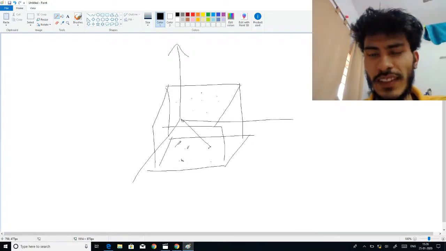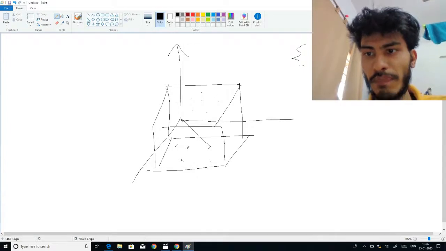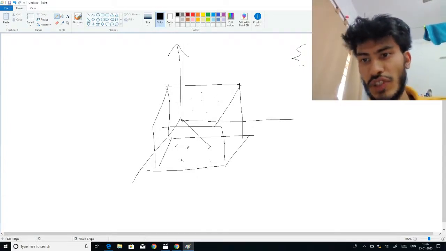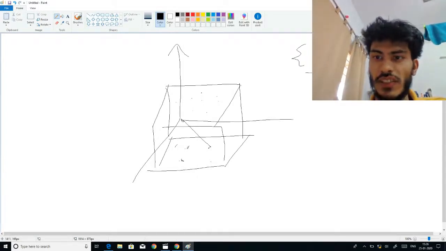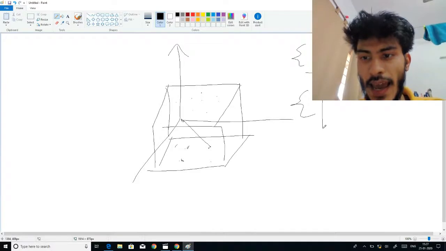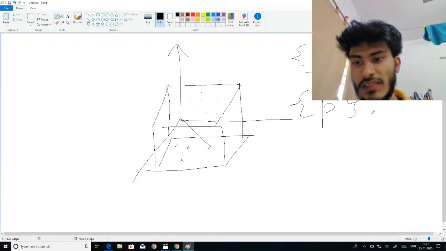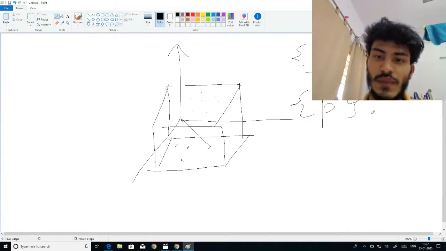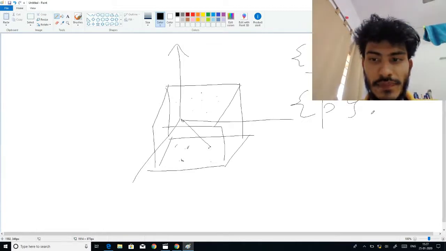Now each of these particles has some position denoted by r vectors. So this is the set of all the position vectors of all the n particles, and they have some momentum, and that is denoted by this set of momentum vectors for all the n particles.